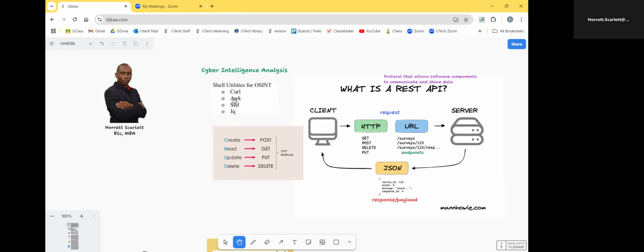So the shell utilities are curl, awk, sed, and jq. And what we will now do is provide an overview of these technologies. And somewhere in the lab sessions, you will be given the opportunity to experiment with these tools.